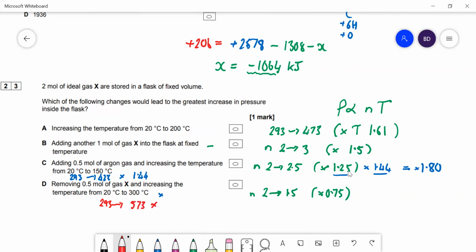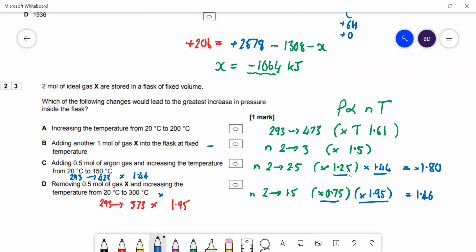So that's multiplied by a factor of 573 over 293, which is 1.95. So the total is 0.75 times 1.95, which gives us 1.46.